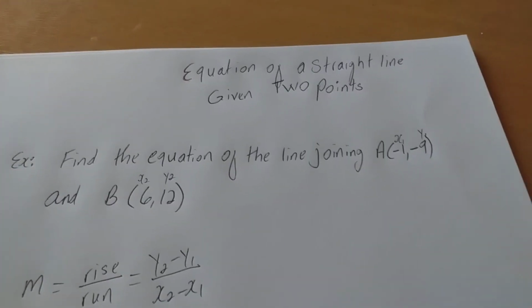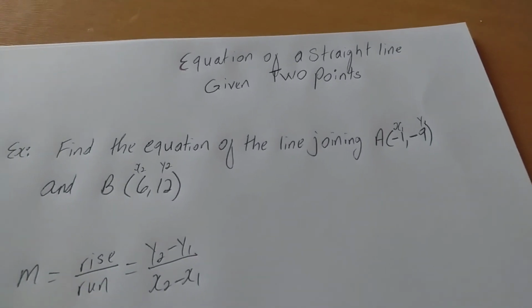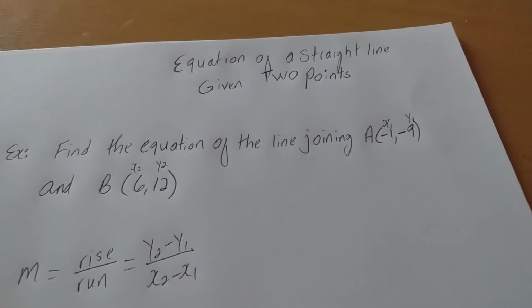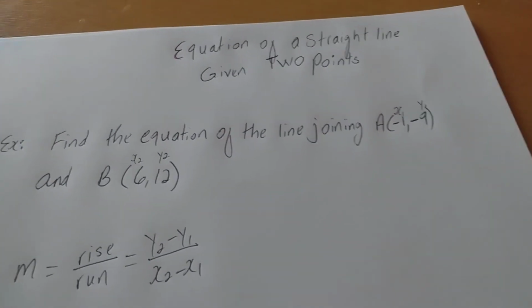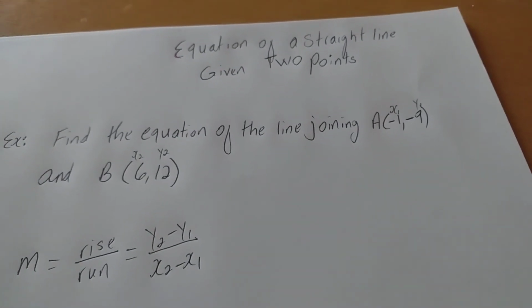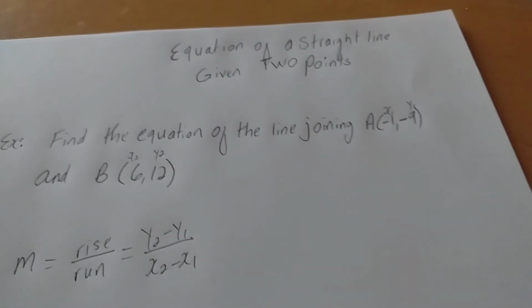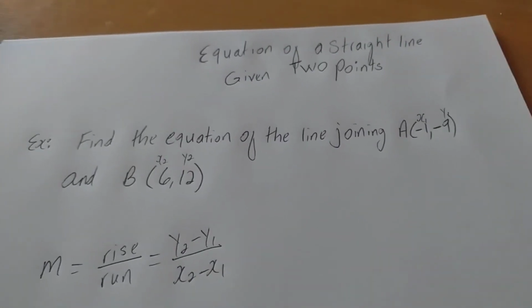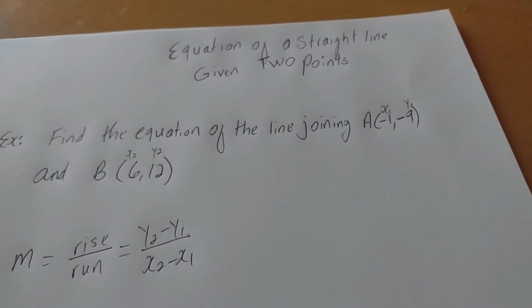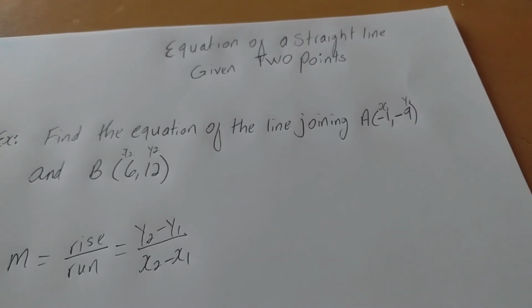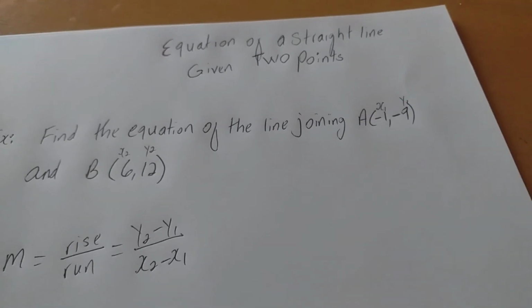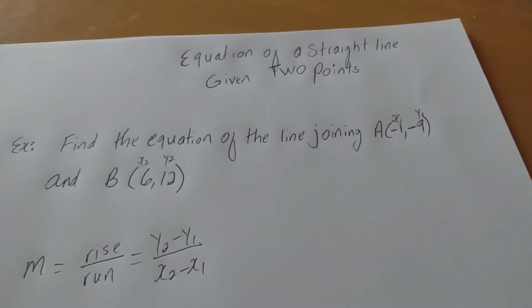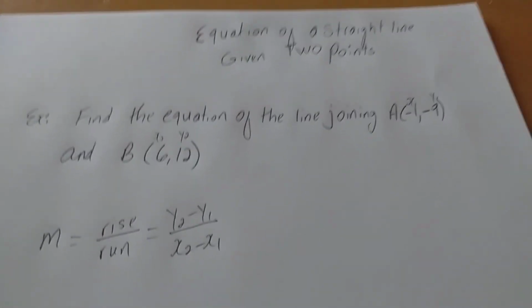It doesn't matter which one of the points you select to be your first point and which you select to be your second. However, if B is the first point, then the first coordinate is x1 and the second coordinate is y1. If A is the first point, then x1 is -1 and y1 is -9, because x1 and y1 go together, while x2 and y2 must go together.